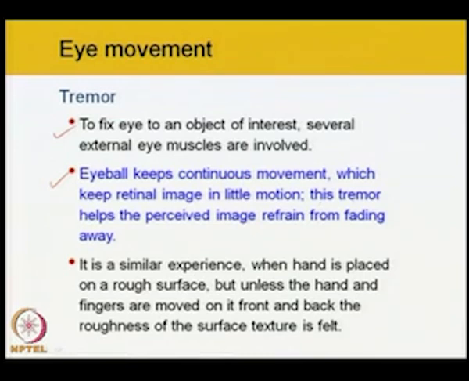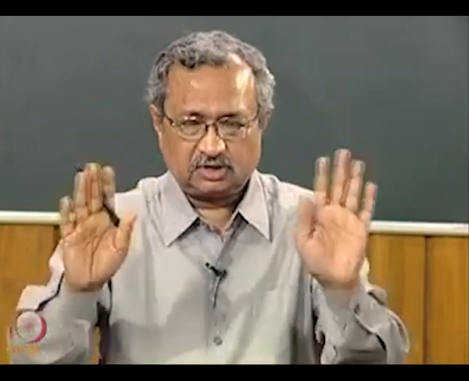This tremor helps the perceived image from fading away. It means when we see some object of interest, our eye moves on that to get the total feeling.